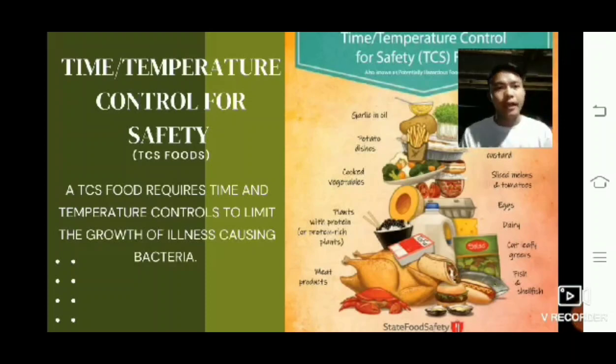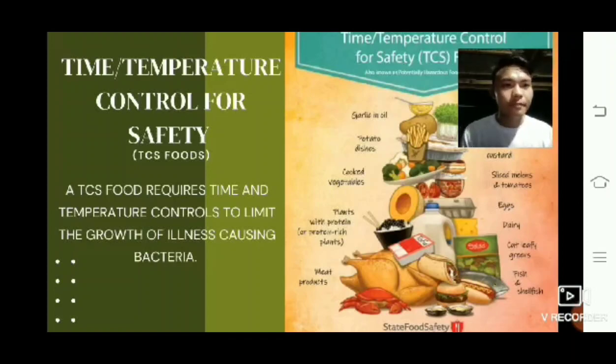Again, time temperature control for safety must be mastered, especially by the chef or the person responsible for preparation before the food can be cooked. It is very important because with that, possible illness or spreading of bacteria and so on can be prevented.